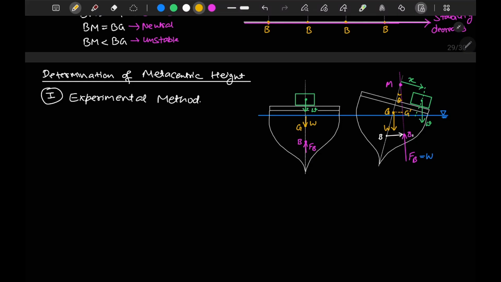If I take my moment about this point M, because as I mentioned earlier, the metacenter also indicates the point of rotation, or the center of the axis of rotation, then small w times x, the moment created, will be equal to the moment created due to the weight W times GG dash.